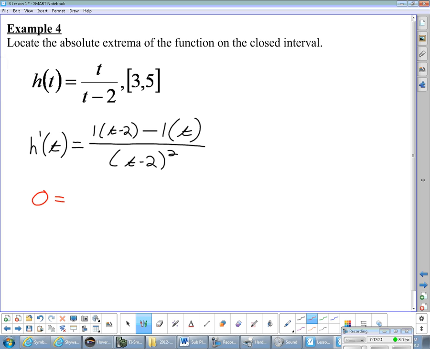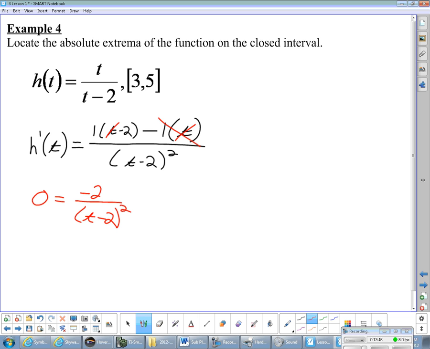And so in the numerator, we've got 1 times t minus 1 times t. So this t cancels with this t if you're looking at it. Actually, this whole thing. So all we have is a negative 2 in the numerator. In the denominator, what do we have? Well, we've got t minus 2 squared.